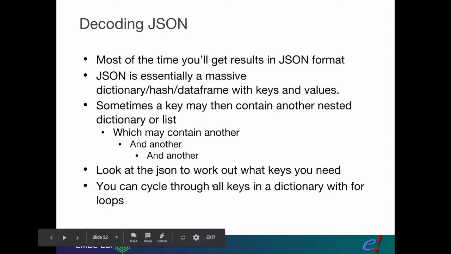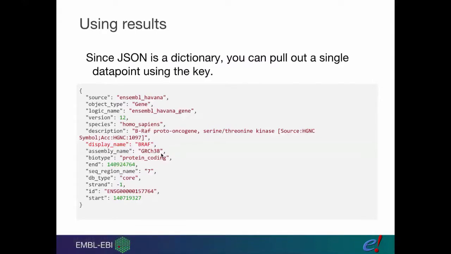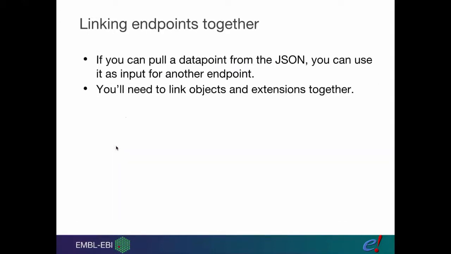And you can also cycle through all the keys in a dictionary. So if we take this example here, if I want to get the gene name, then I've got this display name is BRAF, and so my output could then be display name from this query that I've done. You can also link them together. If you can pull a data point, you can then use it as input for another query.